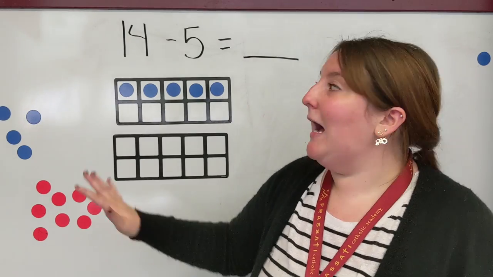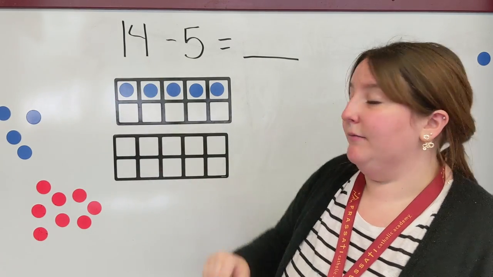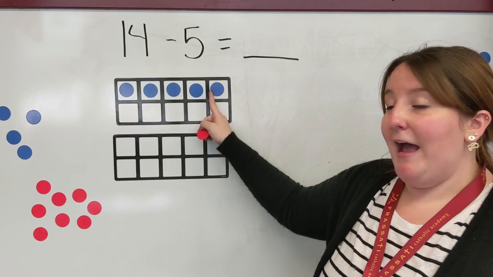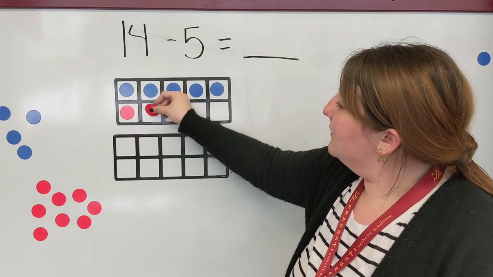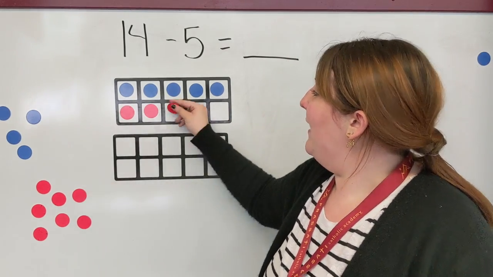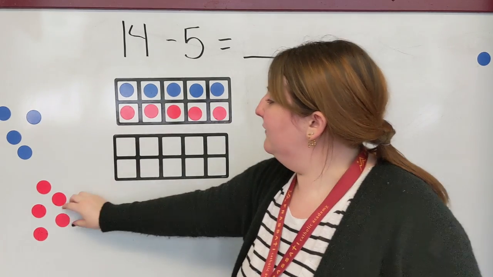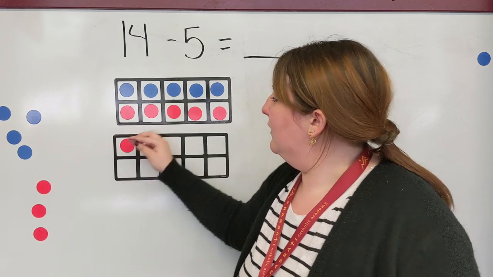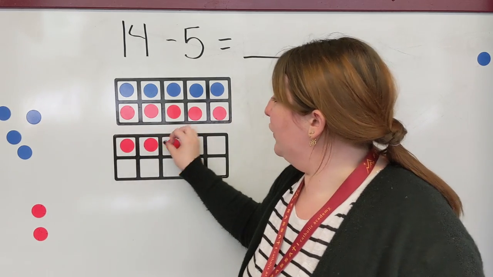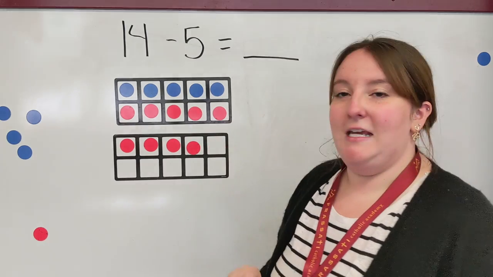Now we will count on to get to the number 14. So I have 5, 6, 7, 8, 9, 10, 11, 12, 13, 14.